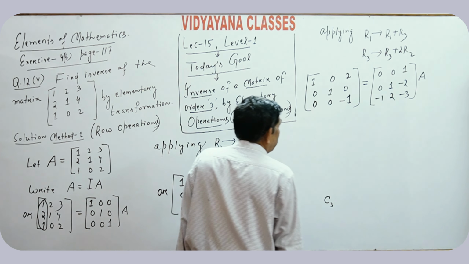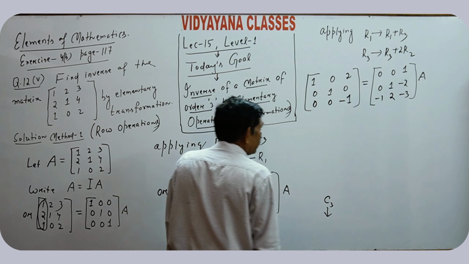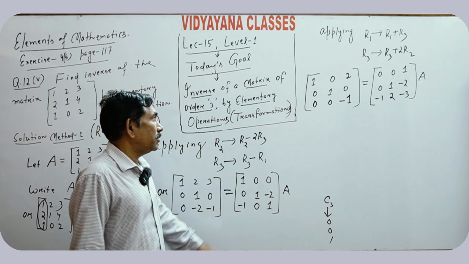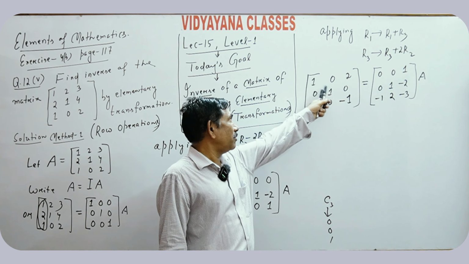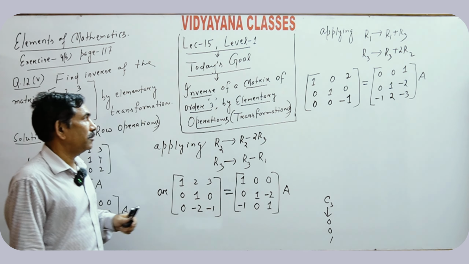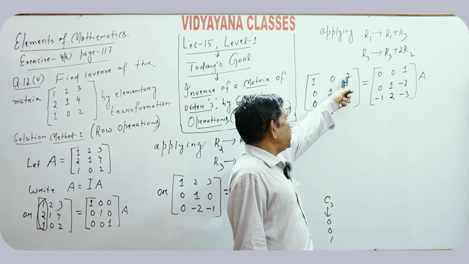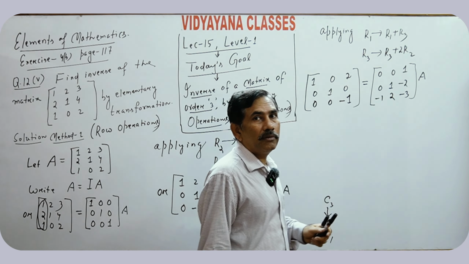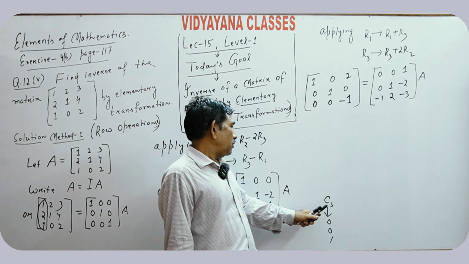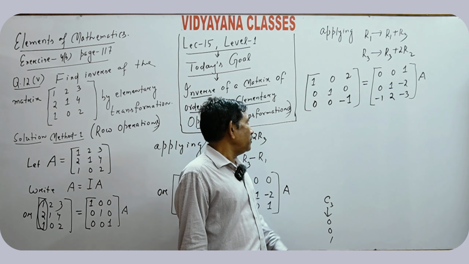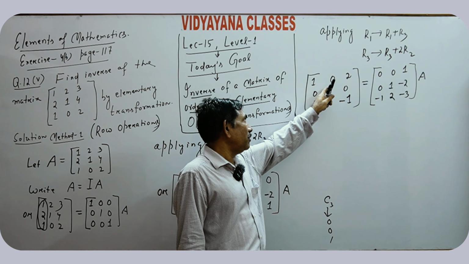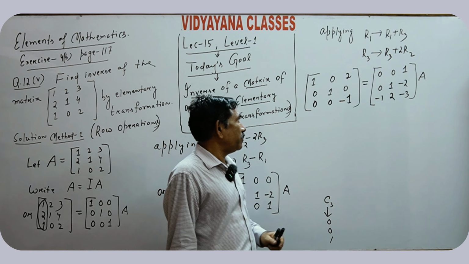We will change the elements of column 3 as 0, 0, 1, so that there is no change of column 1 and column 2 in the left hand side.